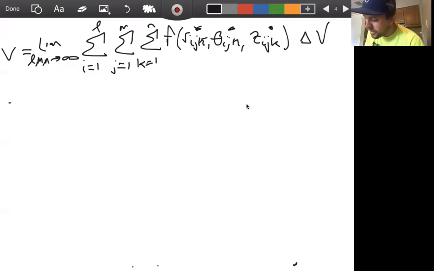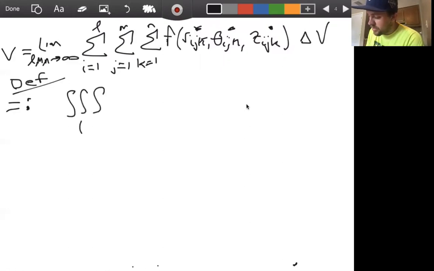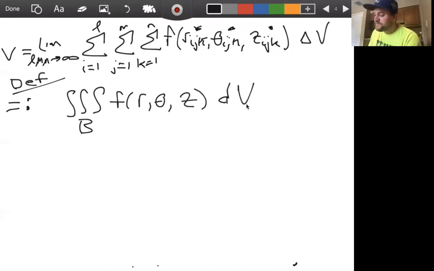And now we can introduce a definition. This volume is what we're calling the triple integral over this rectangular box, or this cylindrical box B, of f of r, theta, z dV.